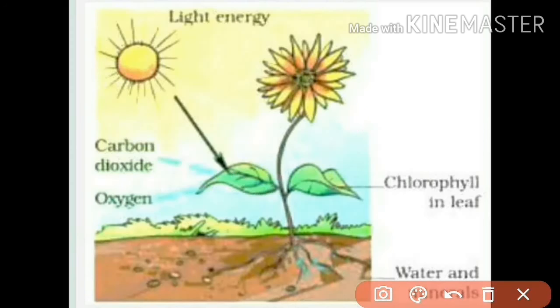See, by the roots they take water and minerals. See, water and minerals they take with the help of roots. Carbon dioxide is then taken in by the stomata.